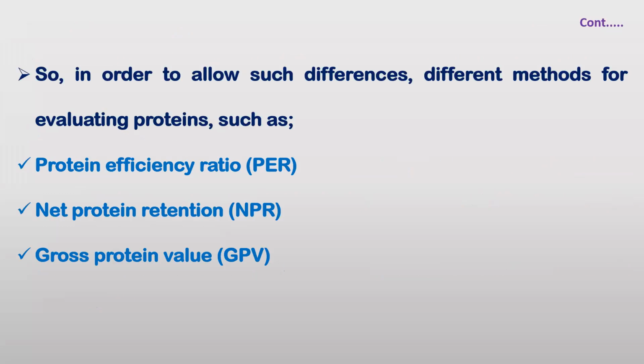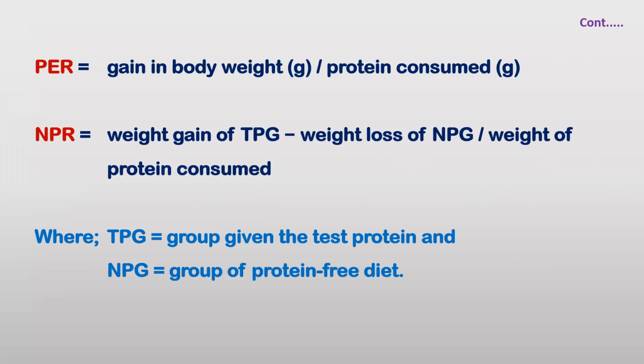So we can evaluate the protein quality by protein efficiency ratio, net protein retention, gross protein value, and several other methods we will discuss. By that way, we can evaluate the protein quality in monogastric animals.